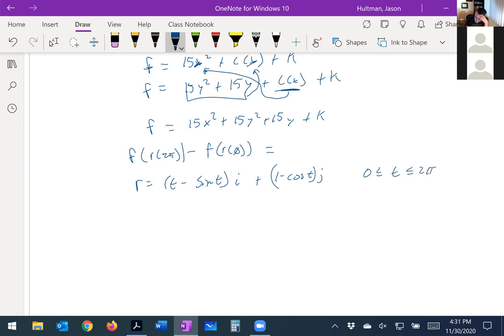Plug in 2 pi here. This is going to be 2 pi minus the sine of 2 pi, which is 0, plus 1 minus the cosine of 2 pi, which is negative 1.